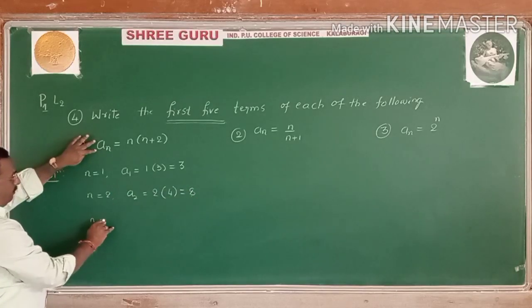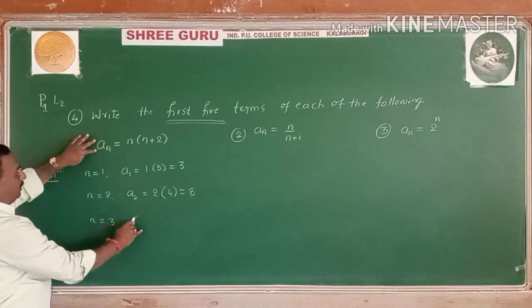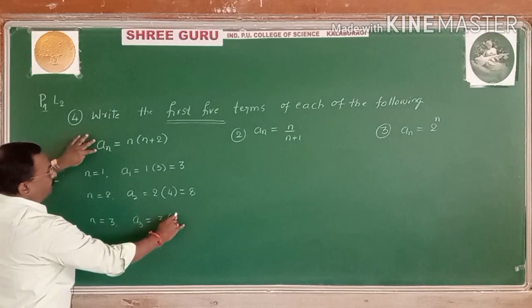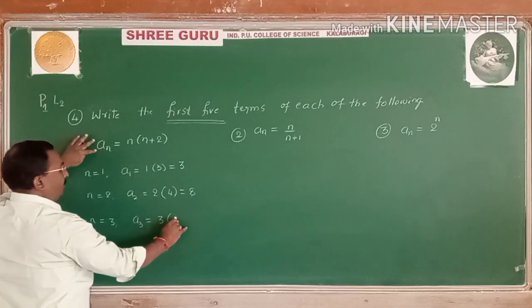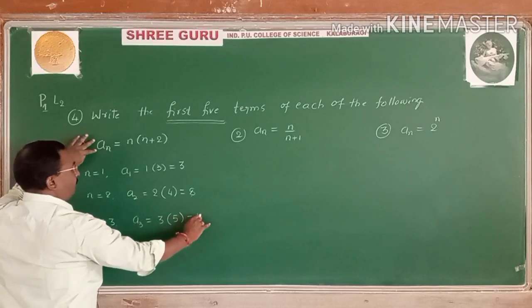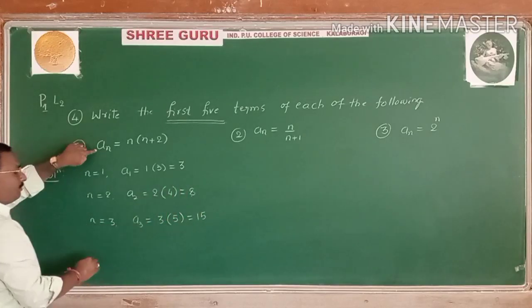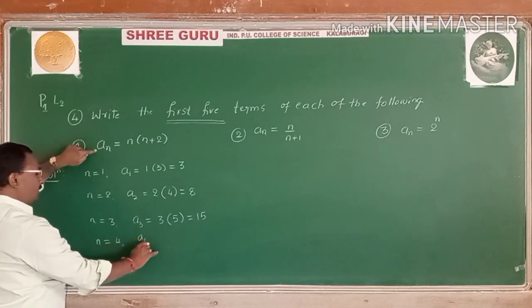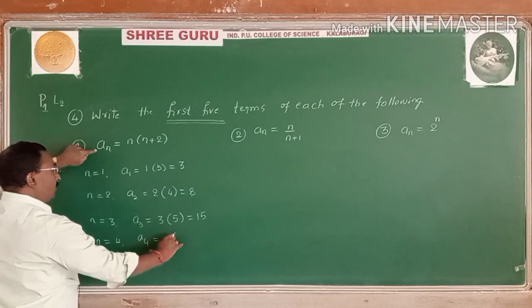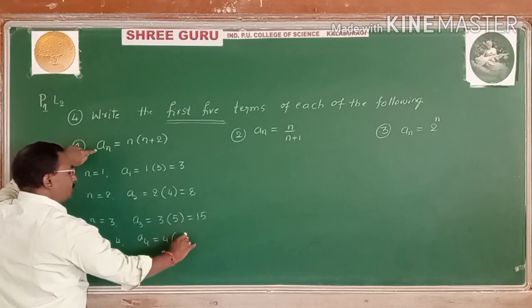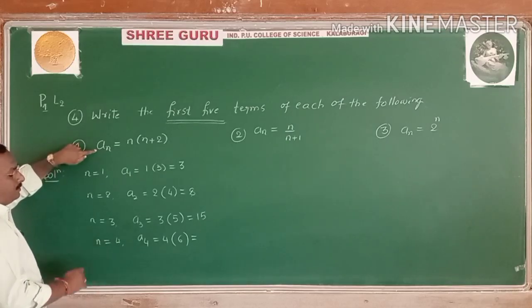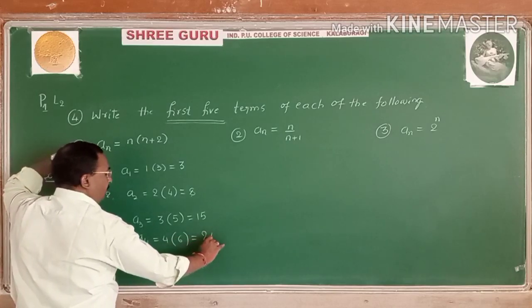Next, n is equal to 3, a3 is equal to 3 into (3 plus 2), 3 into 5, value is 15. n is equal to 4, a4 is equal to 4 into (4 plus 2), 4 into 6, value is 24.